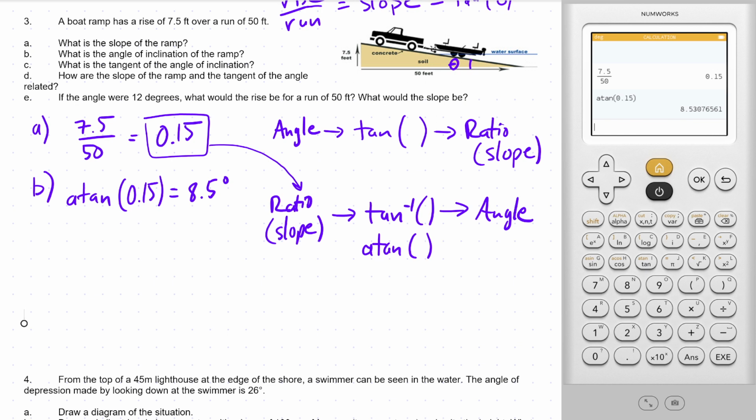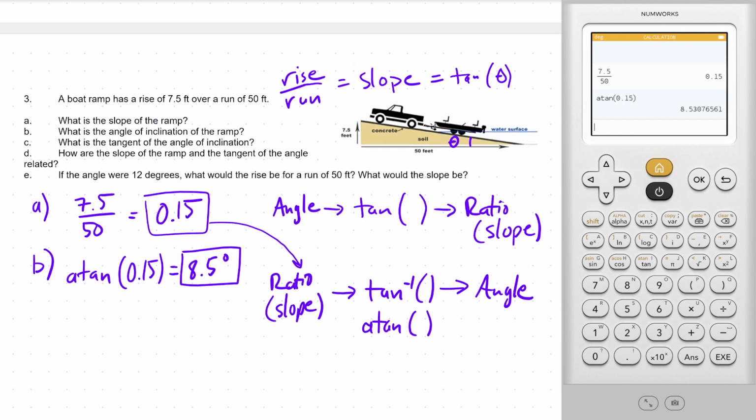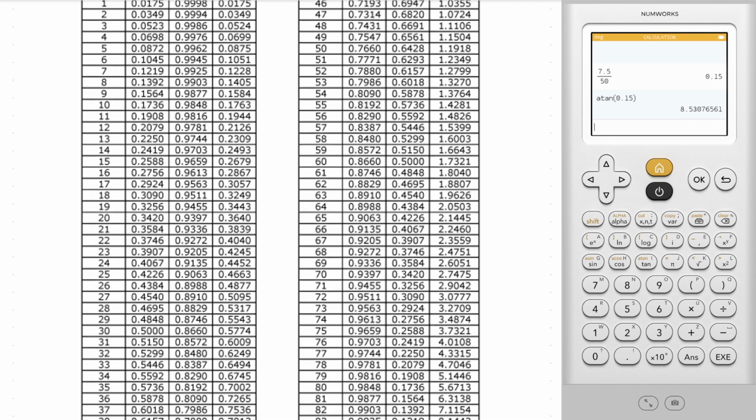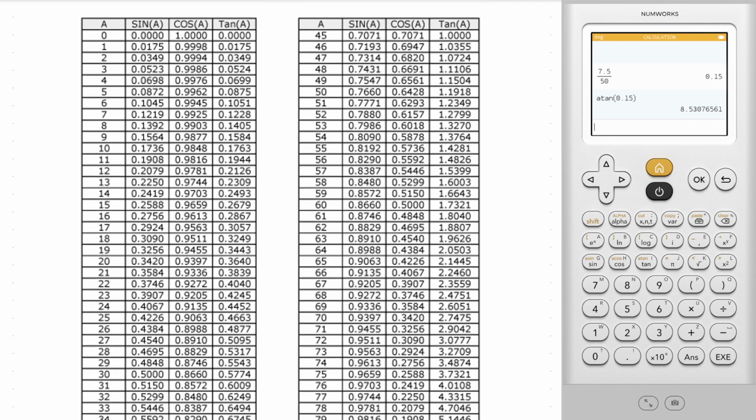However, another option here, rather than plugging into a calculator, is to look at a table. Let's see what would happen if we looked at the table. Keep in mind that the slope or the ratio is 0.15. Over here I have my angles, and over here I have my tangents, which are my slopes or my ratios.